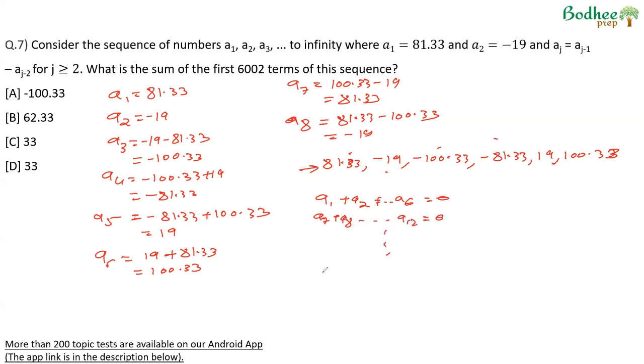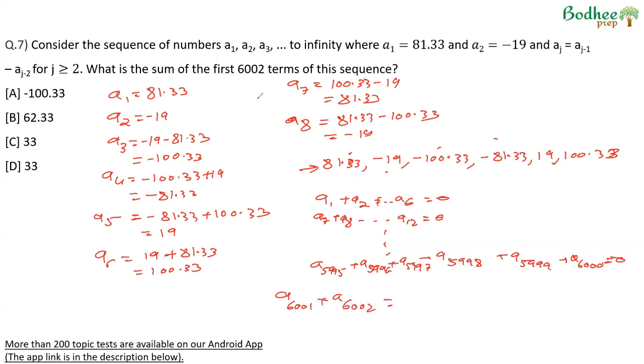This will be true for every multiple of 6, and therefore A5995 plus A5996 plus A5997, A5998 plus A5999 plus A6000, again a multiple of 6. Till this point, all the sums will be 0. So we are basically looking at A6001 plus A6002.